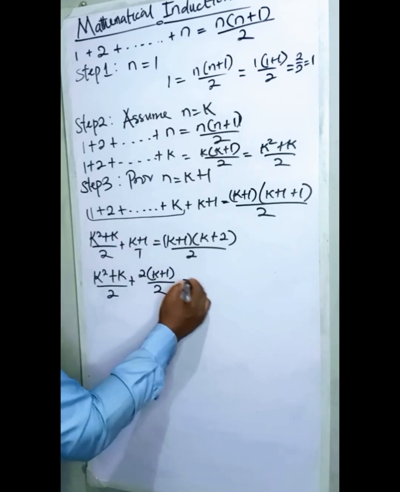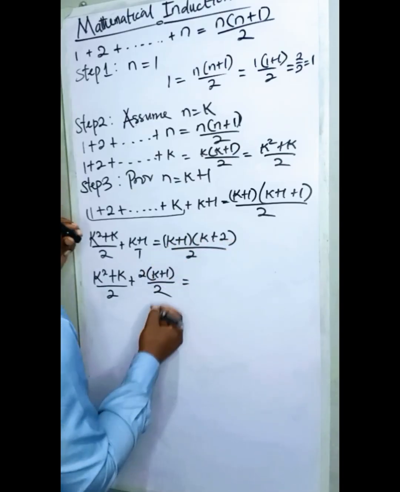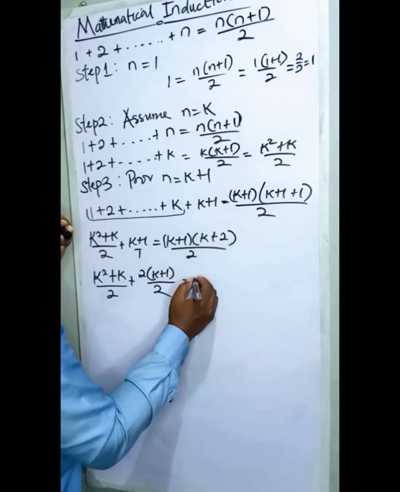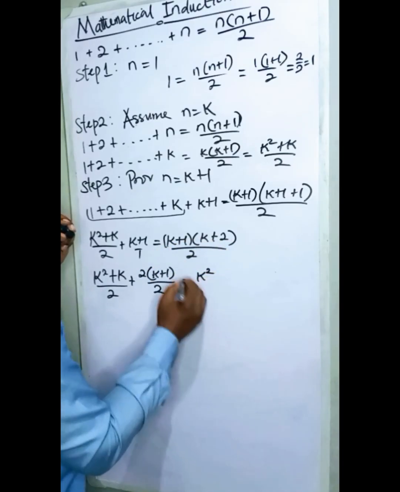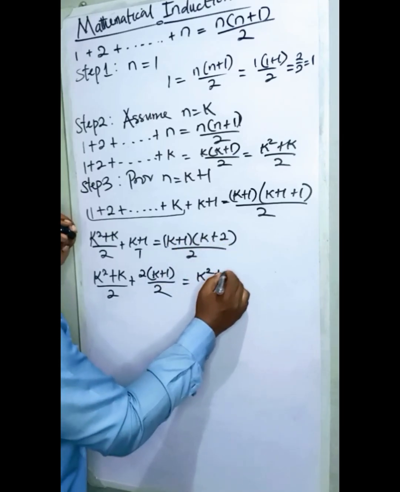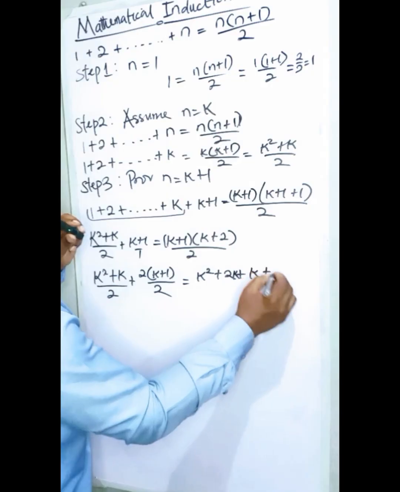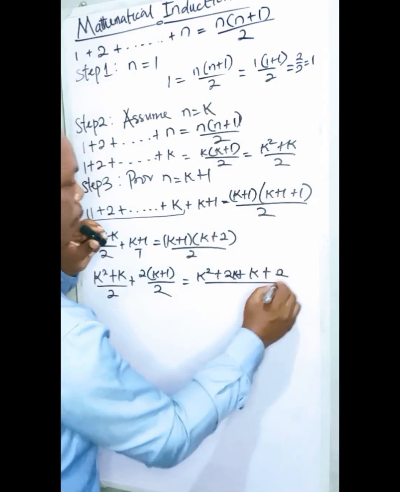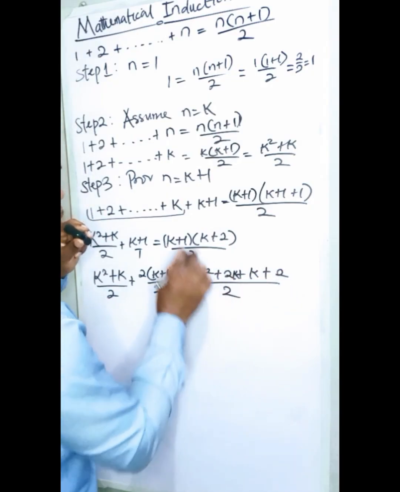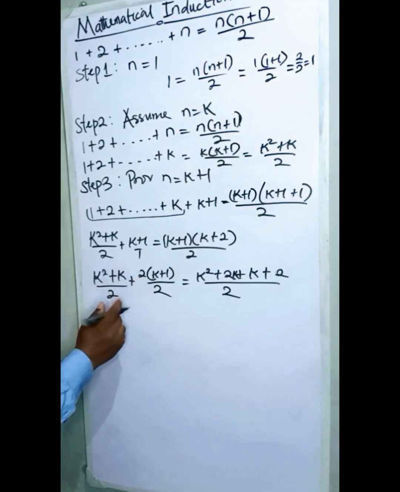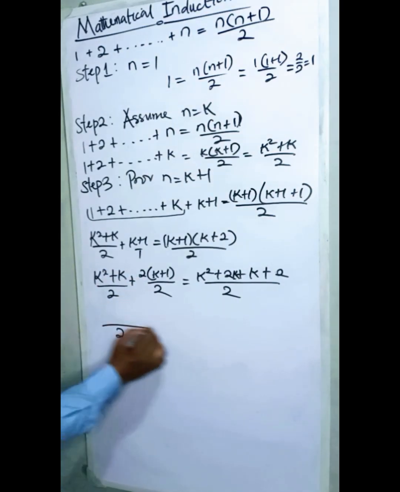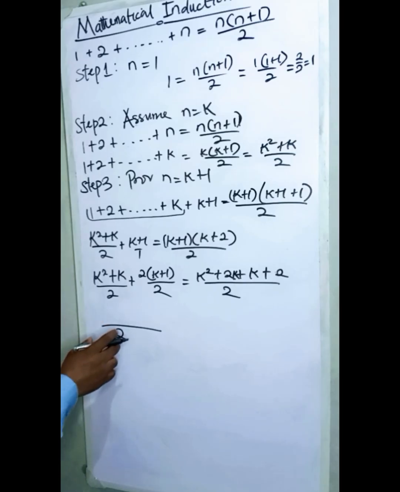Now, this will be equals to, let me just expand this. K times K is going to give me K squared. K times 2 is going to give me 2K plus K plus 2 all over 2. That's what we have here. So over here, since the denominator is just the same, we can just simplify it.